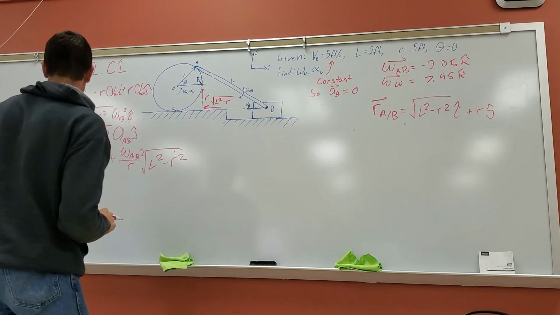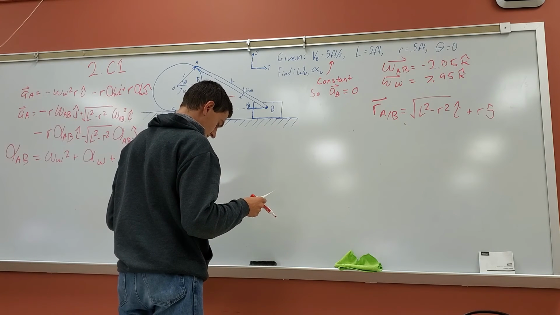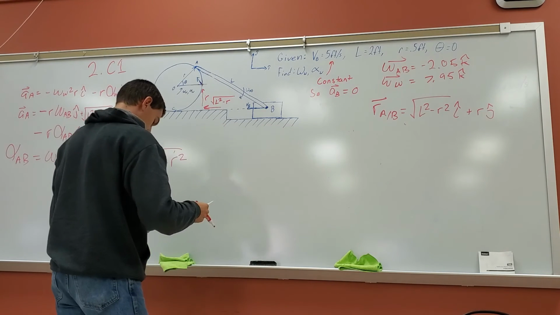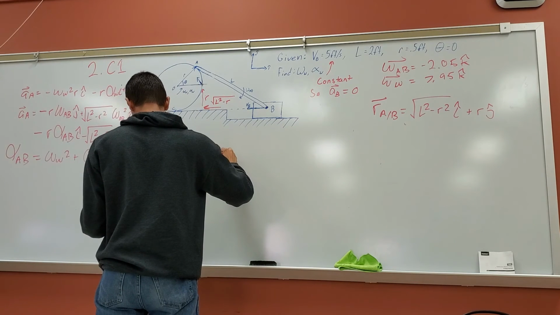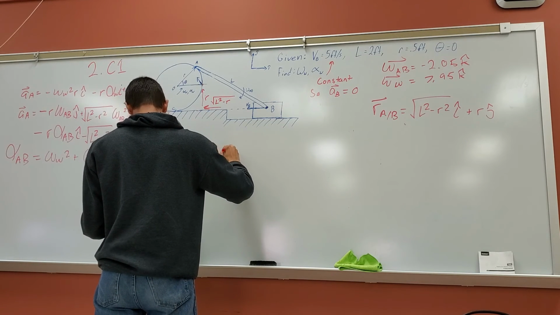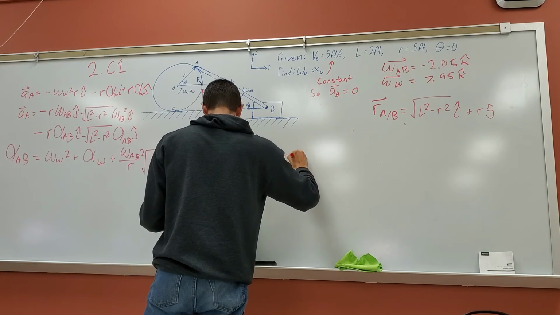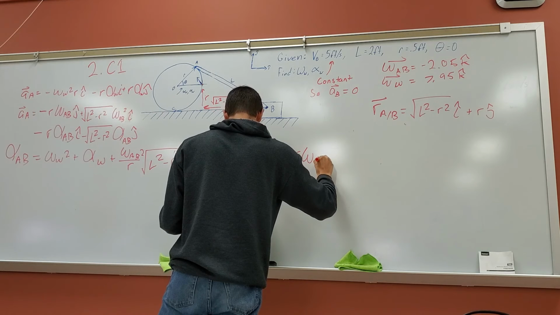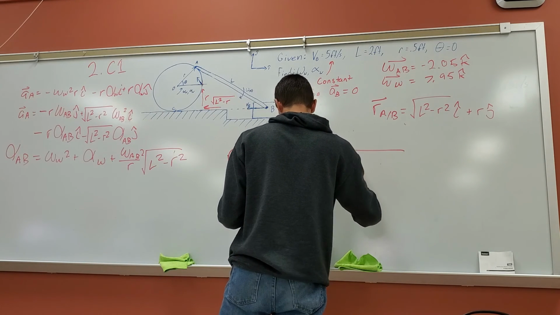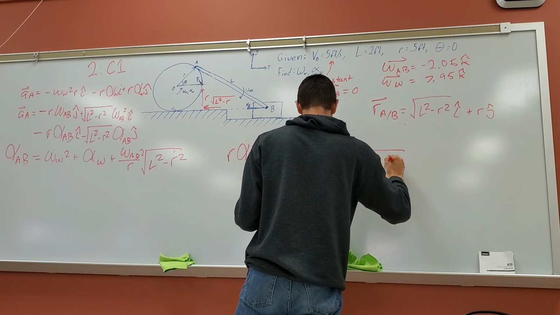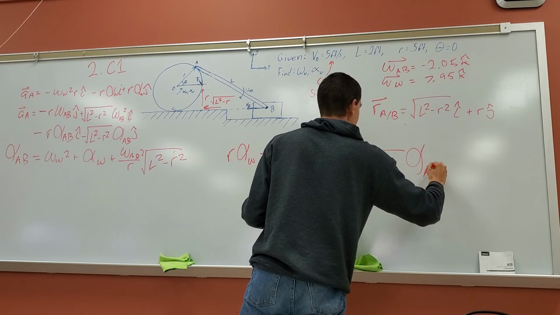And if we do the same thing for the J direction, we end up getting r times the angular acceleration of the wheel is equal to negative r omega AB squared minus square root L squared minus r squared multiplied by the angular acceleration of linkage AB.